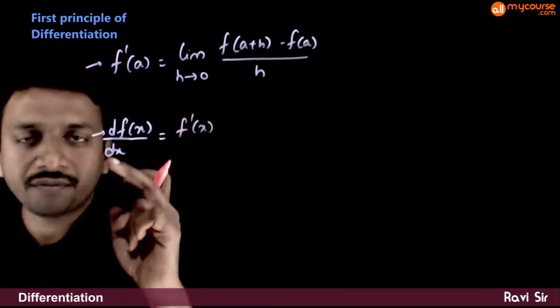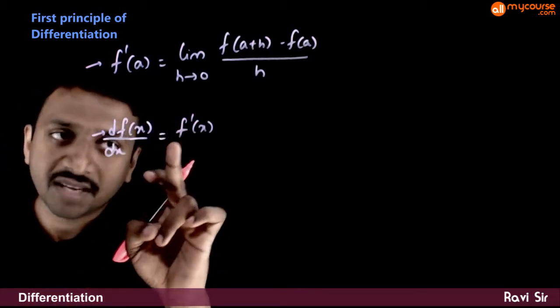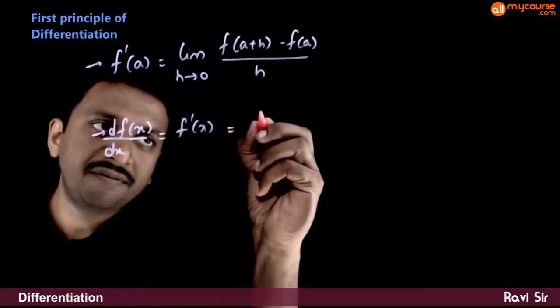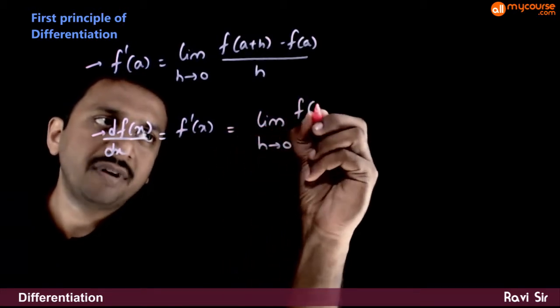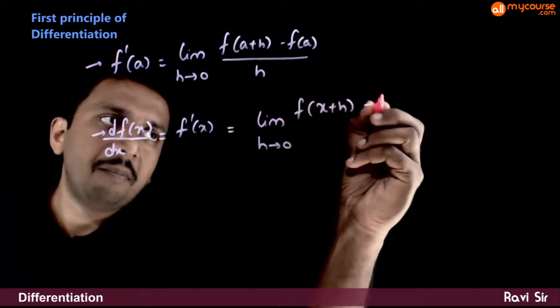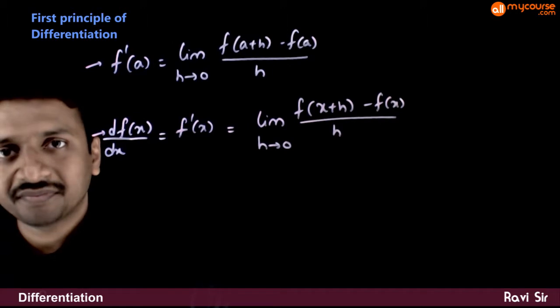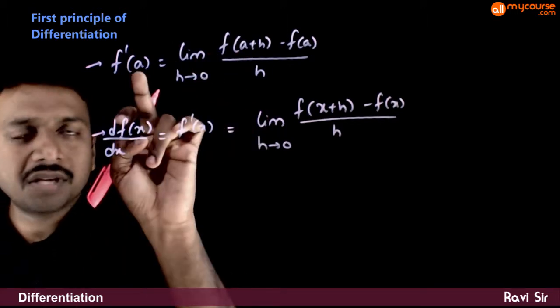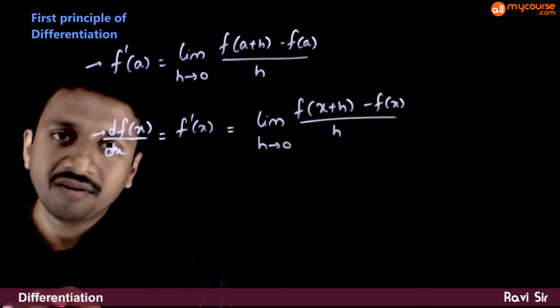So d by dx of f of x is equal to f dash of x, defined as limit h tends to 0 f of x plus h minus f of x by h. So instead of a, you just need to put x. That gives you a general differentiation function.